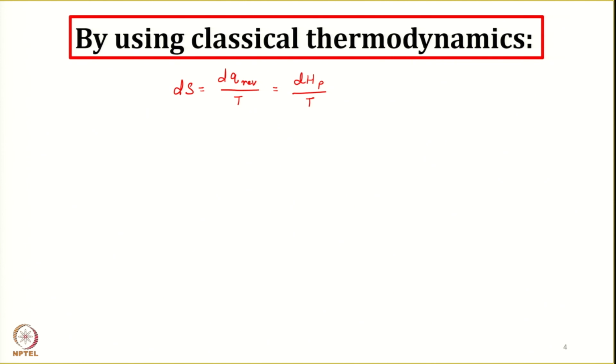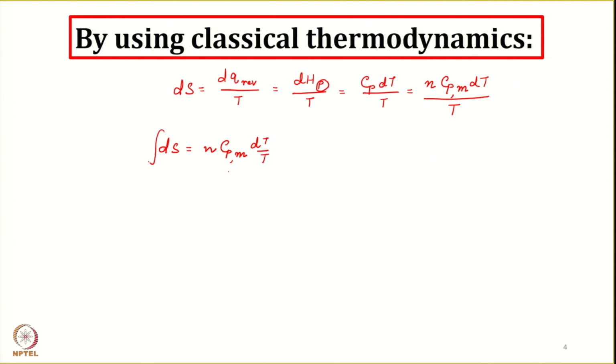So if the pressure is held constant, then dq is equal to dH, and this is equal to Cp dT, and you have T. I can write this as n Cpm dT by T. Right, I have converted into molar heat capacity. All right, so we have dS is equal to n Cpm dT by T.